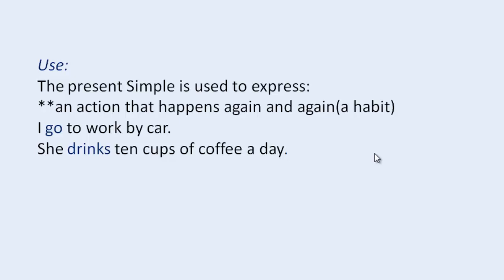If we want to talk about an everyday habit, everyday action, we have to use present simple, like I go to work by car. So here, going to work is a habit, an everyday action. So we have to use a present simple in this sentence.